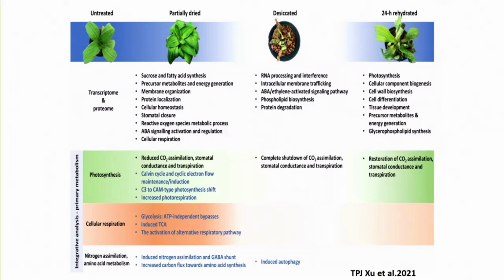We included partially dehydrated in our studies because we wanted to see where's the switch to the desiccation metabolism, or you could even call it the desicome. And really most processes which you know very well from your school even are affected. I mean, it's the photosynthesis, photorespiration, cellular metabolism, etc. I will not go into detail here.